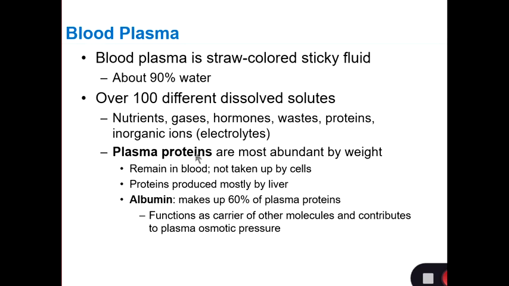Plasma proteins are important because, which you can read right here, they contribute to osmotic pressure. Water follows solute, right? So the more proteins in blood is what helps draw water into the blood, which helps make up this 90%. So albumin is the most abundant protein. 60% of all your plasma proteins, and there's a lot of them, is albumin, which works for osmotic pressure.